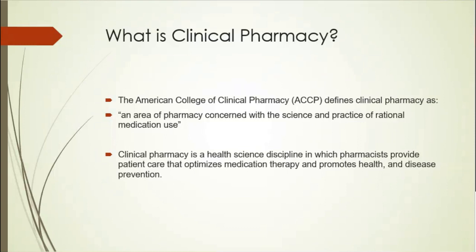So to simplify it, clinical pharmacy is a health science discipline in which pharmacists provide patient care that optimizes medication therapy and promotes health and disease prevention. So basically, your main job is to optimize medication therapy, and of course, do some health education, and education to prevent diseases.